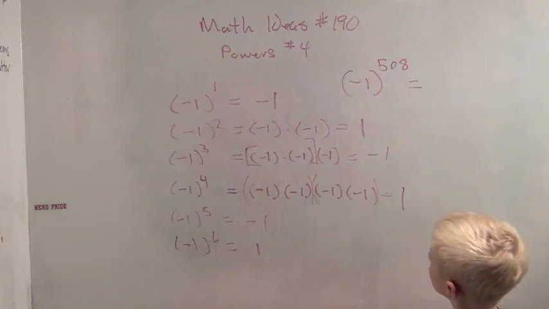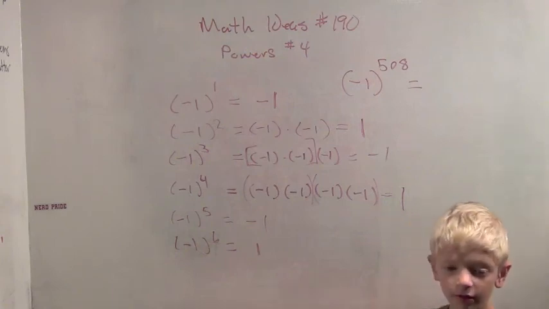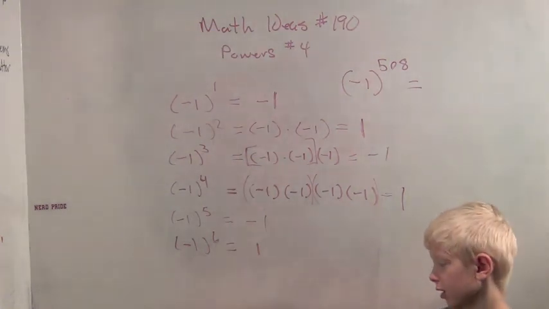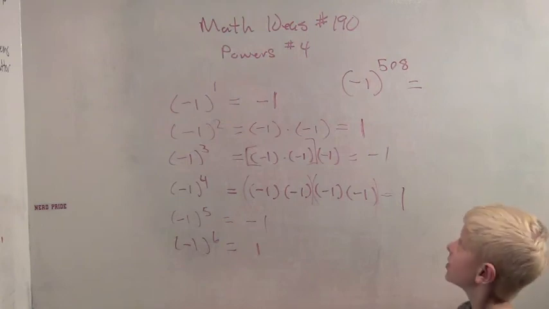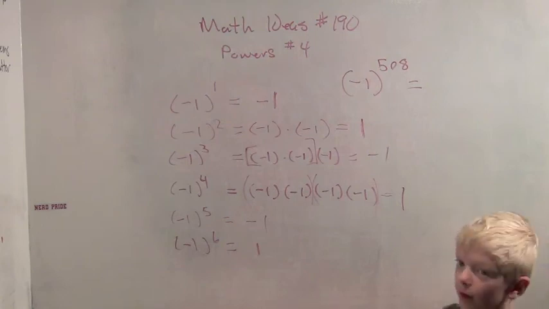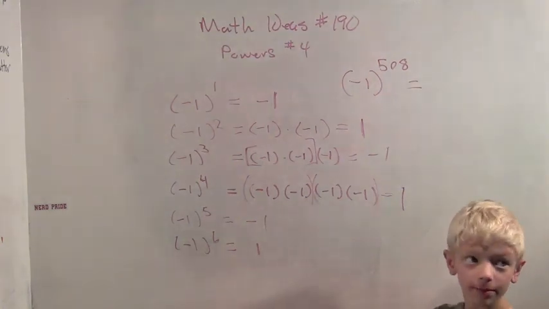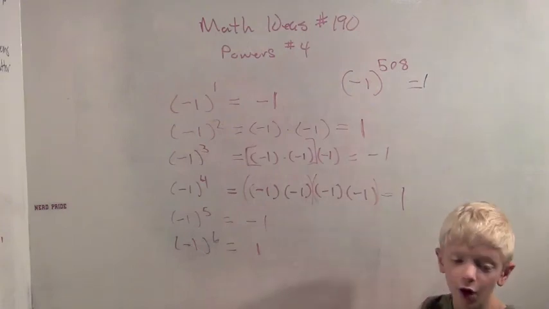For even powers, it's 1, and for odd powers, it's -1. So -1 to the 508th equals 1.